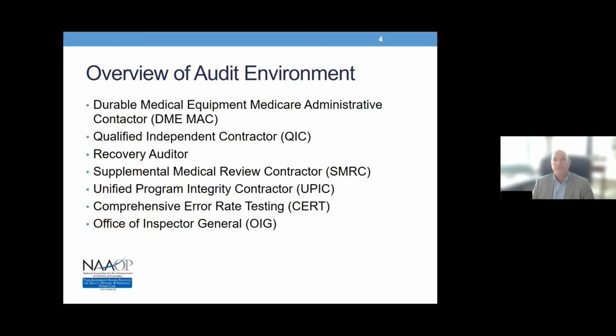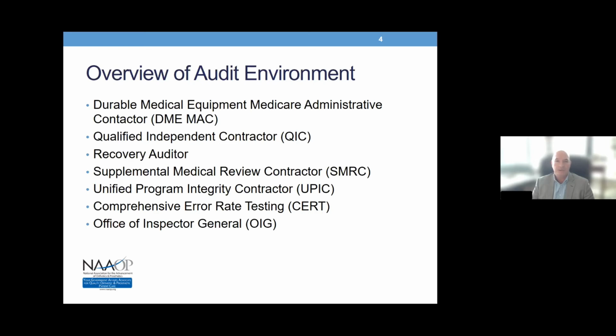There's a whole series of other entities that contract with the Centers for Medicare and Medicaid Services to perform various aspects of paying O&P claims and making sure that there is integrity behind those payments. Number 1 is the qualified independent contractors. Those are entities that have some clinical expertise. They are typically the second level of review in the appeals process.